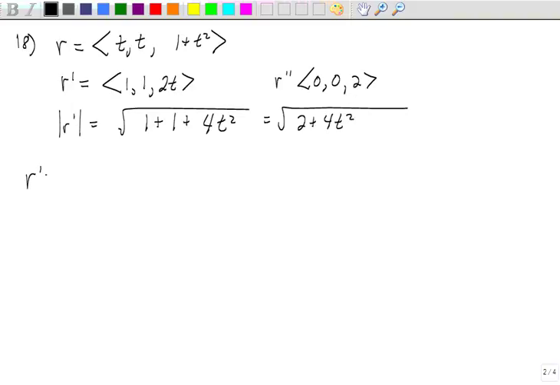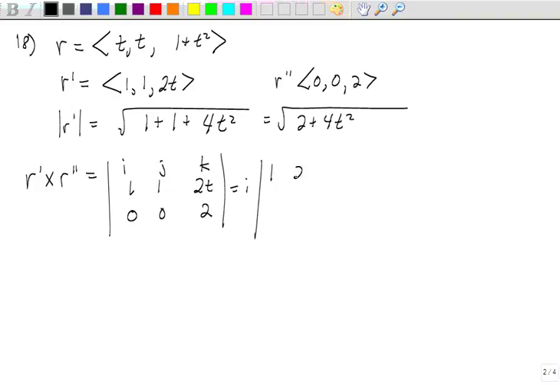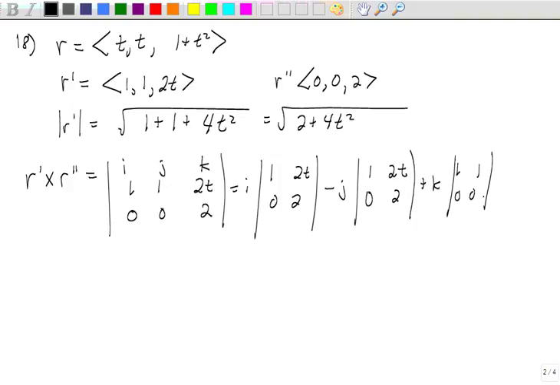So r prime cross r double prime isn't going to be too hard to find because there's a lot of zeros. So this is going to be 2i minus 2j plus 0k.